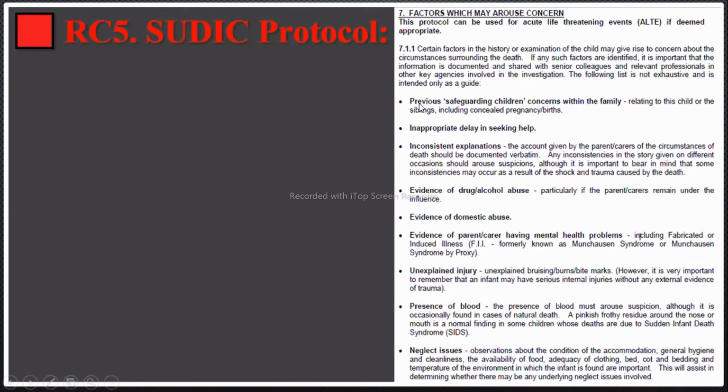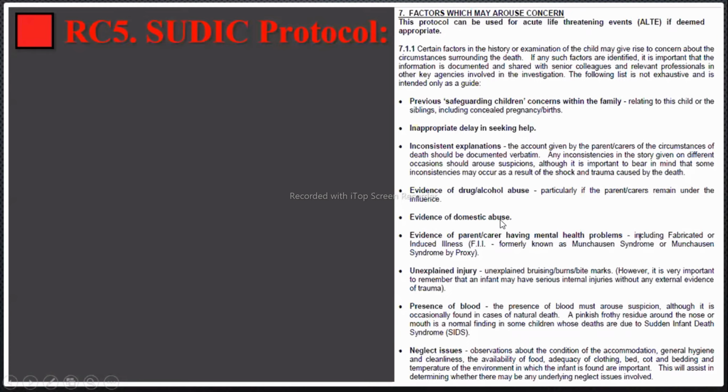So certain factors, like what? Previous safeguarding children concern within the family. So he has a previous record with social services, inappropriate delay in seeking help, inconsistent explanation. They cannot give you an explanation. Evidence of drug or alcohol abuse in the family.